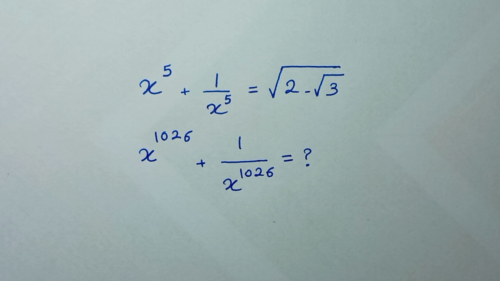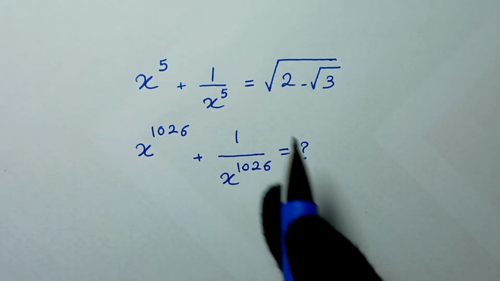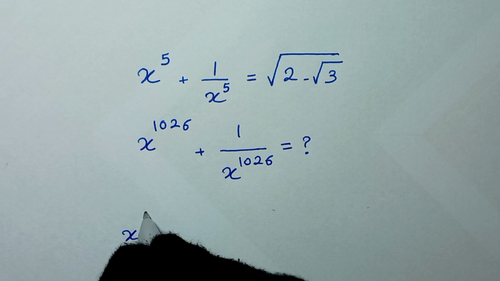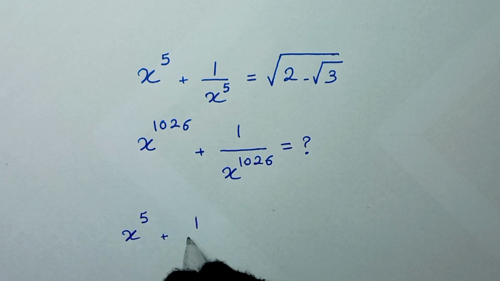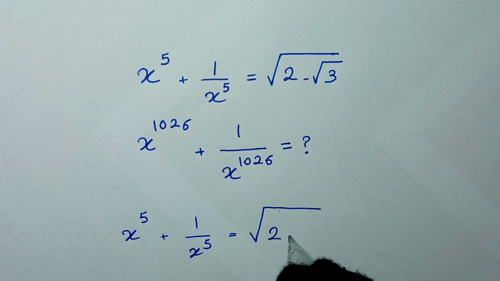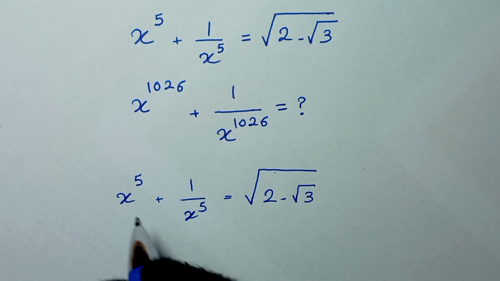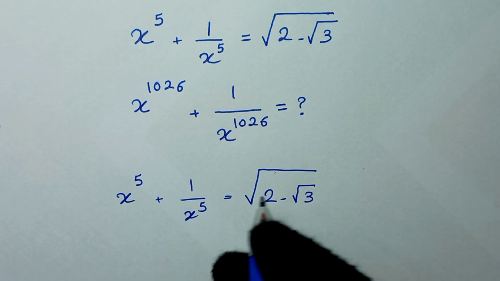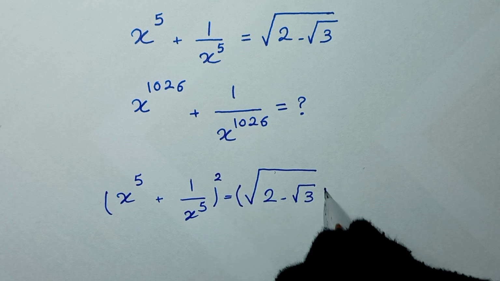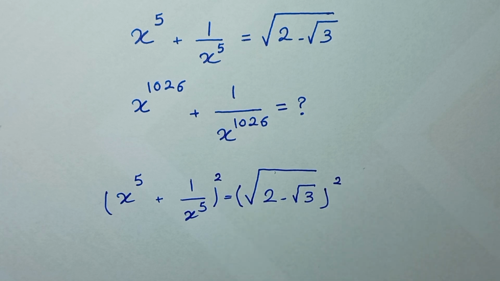In the first step, from this equation, we write x to the power of 5 plus 1 over x to the power of 5 is equal to square root of 2 minus square root of 3. And here we raise both sides of this equation to the power of 2, so this to the power of 2 and this to the power of 2.